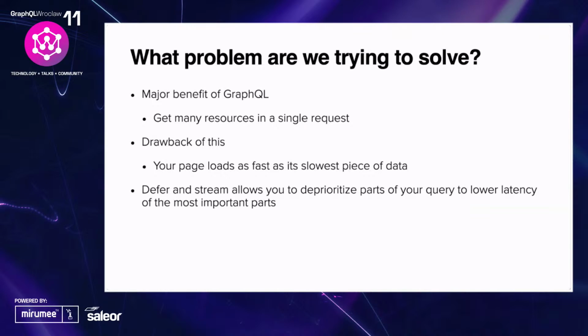But this could be a bit of a drawback, because right now you don't get any results until your entire query is ready. So even if most of your query's data is really fast, just one piece of slow data will slow down your entire request. Defer and stream are meant to directly address this drawback. They allow you to deprioritize the parts that may be less important in order to lower latency of the most important part.